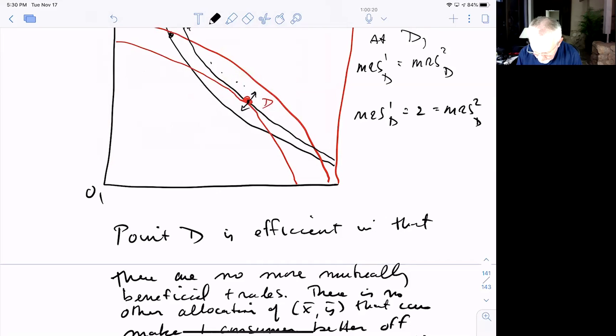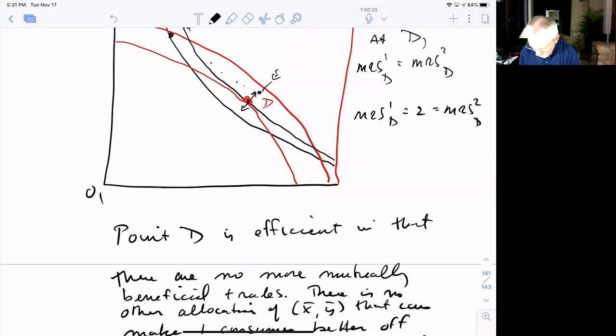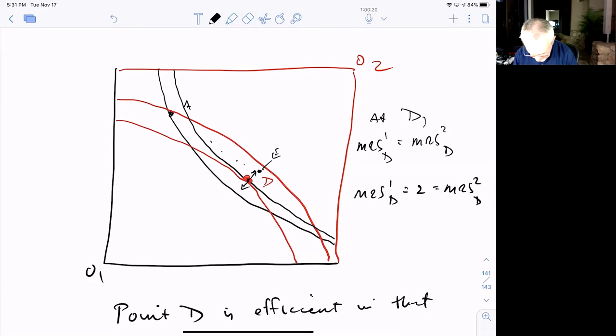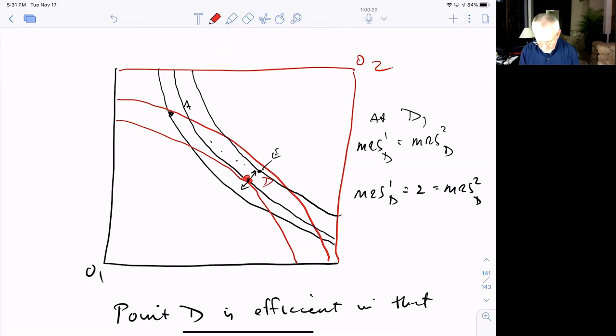So for example, they could have maybe traded to this point here, point E. And at point E, here's person one's indifference curve going through point E. And here's person two's indifference curve going through point E. And it's just going to be tangent.